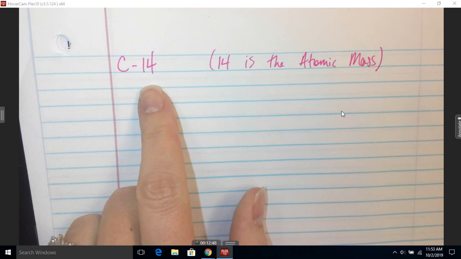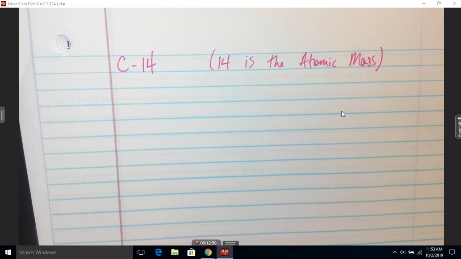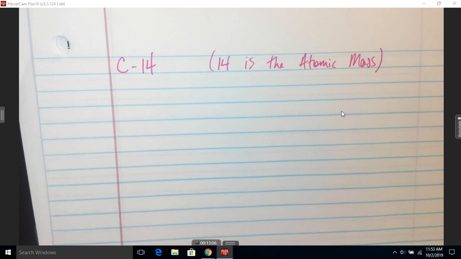What is carbon's mass on the periodic table? 12. What is this carbon's mass? This is an isotope. So if it doesn't match, it's always an isotope? Basically, if it doesn't match the regular mass, it's an isotope. Yeah, the mass that's on there is the regular, normal one.